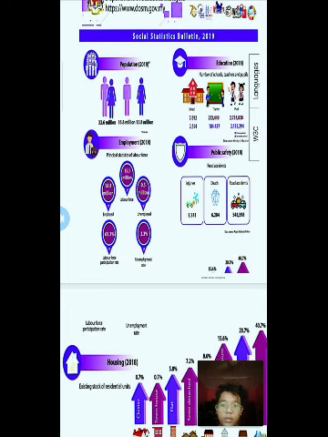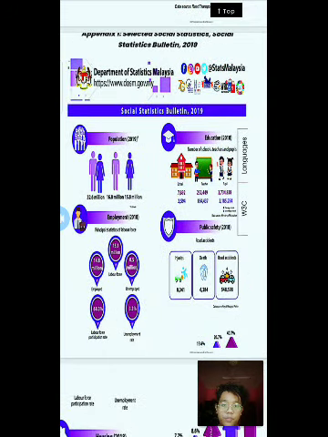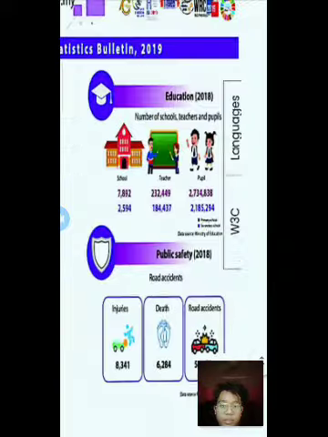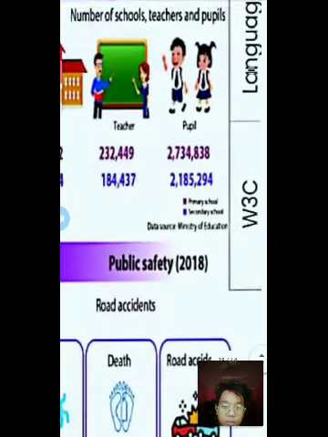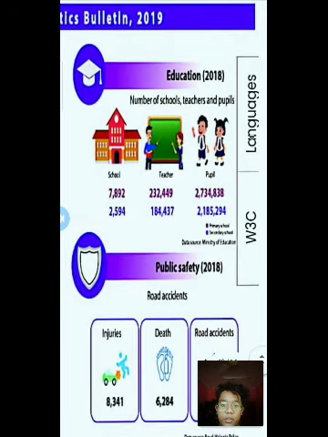The men are 16.8 million and women are 15.8 million. In education, you can see primary school and secondary school. Primary schools have almost 8,000.